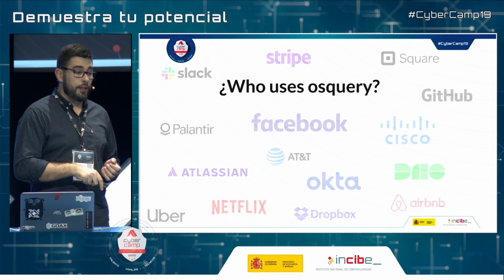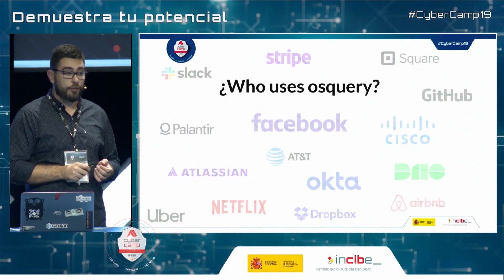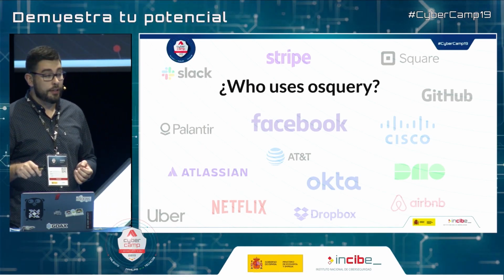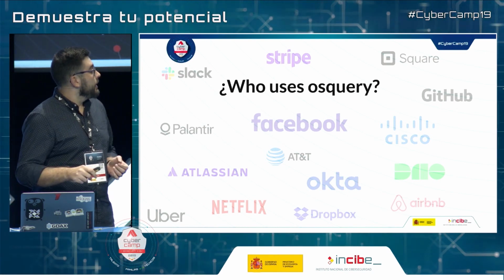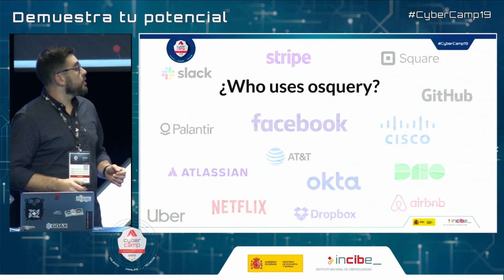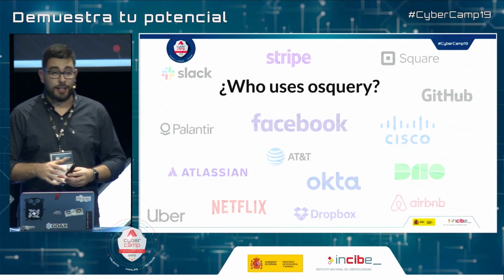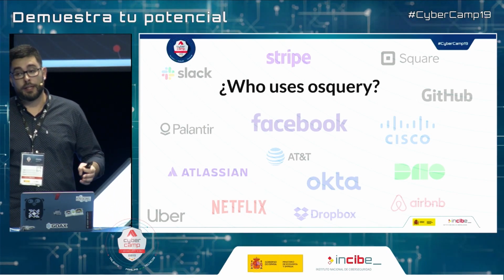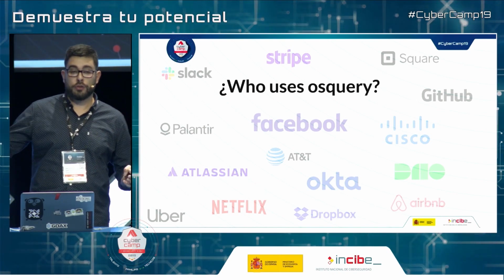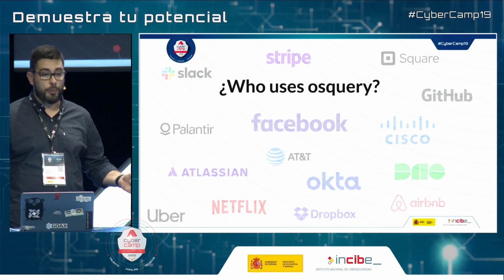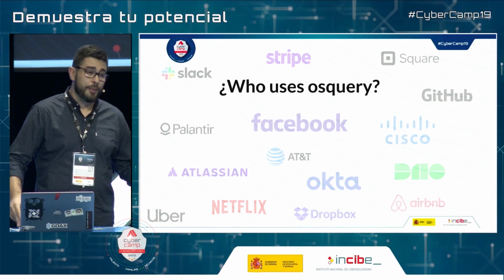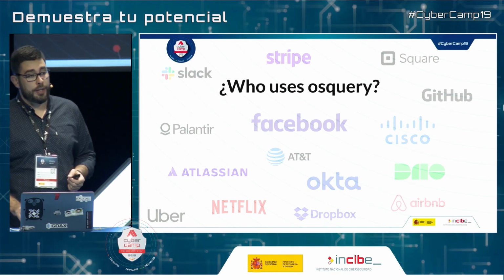And actually, Google has recently done an integration with Osctrl and their forensic artifacts collection tool, GRR. And you can see here an example of all the companies which are using Osctrl and who don't mind people knowing.